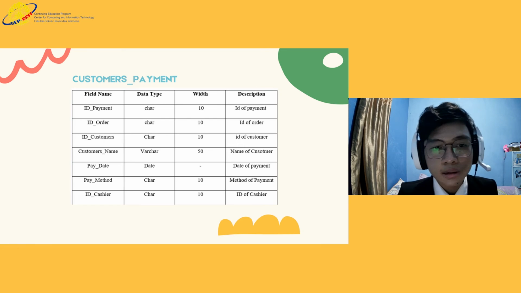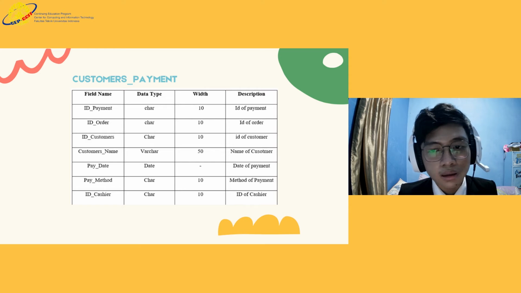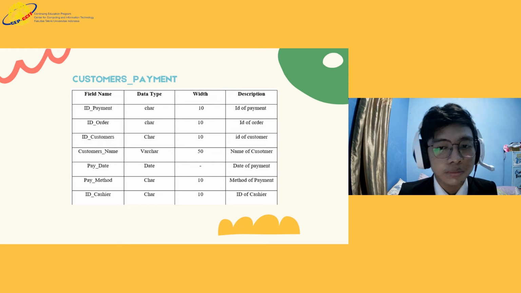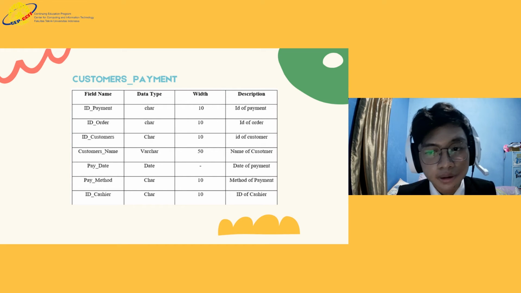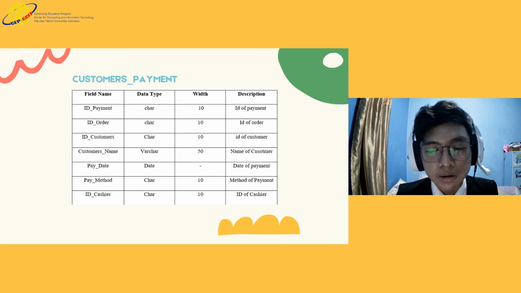Okay, in this table, that is customer payment, we have a lot of columns. First is ID payment. We use data type char and width 10, and the description is ID of payment.